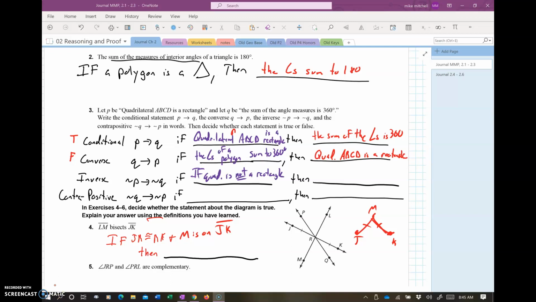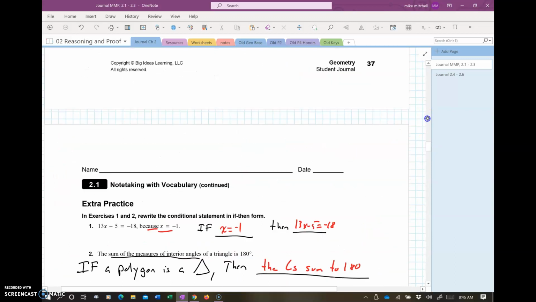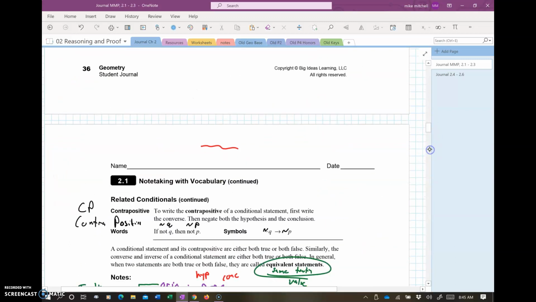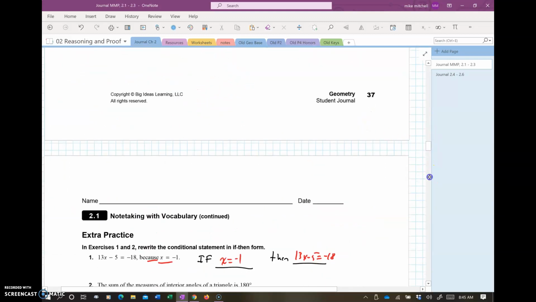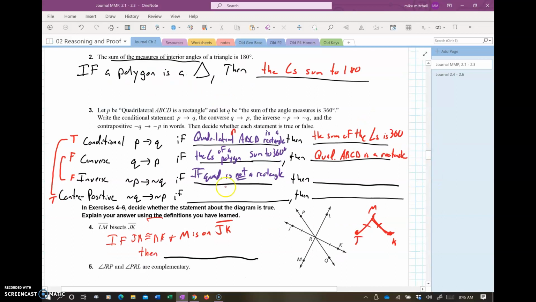Inverse. Well, we mentioned earlier, if this is false, we know this is false. If this one's true, we know this one's true. So we can actually figure those out ahead of time. I showed you that. That was this little part in the purple right there with the green on the side. So on this one, if quadrilateral ABCD is not a rectangle, I just added the not in there.